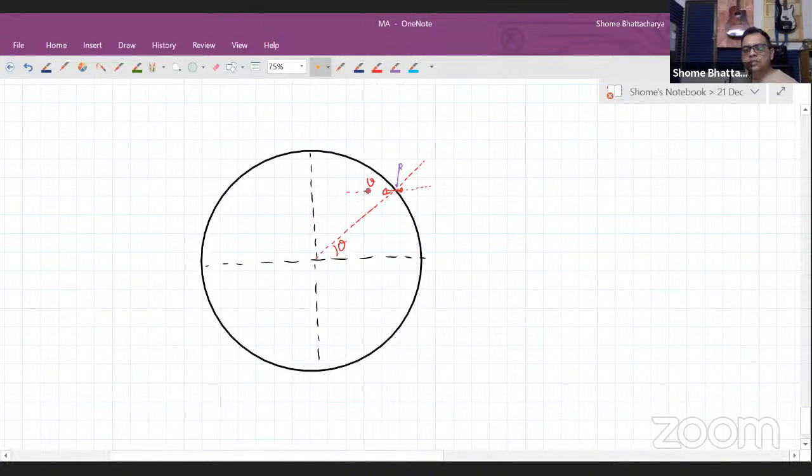So here you can see the angle of incidence was theta, this angle of incidence. So after reflection, the angle of reflection will be equal to theta. So it will be coming in, making the impact at speed of light, and then after impact it will be going off with speed of light like this.